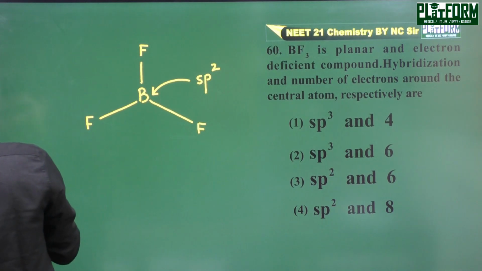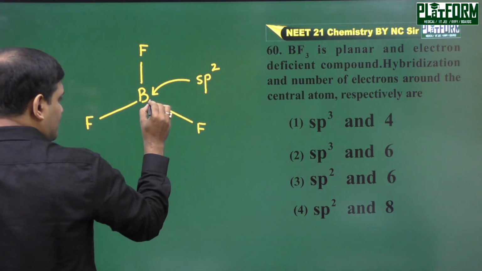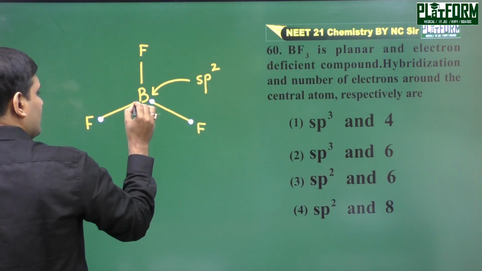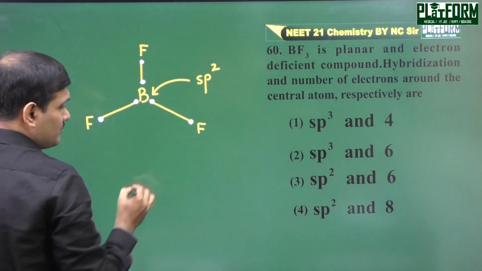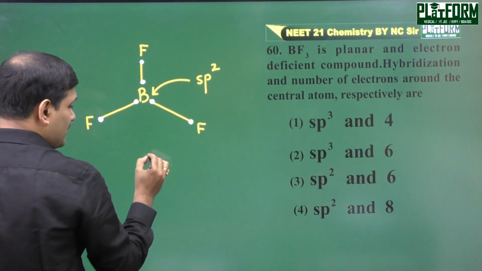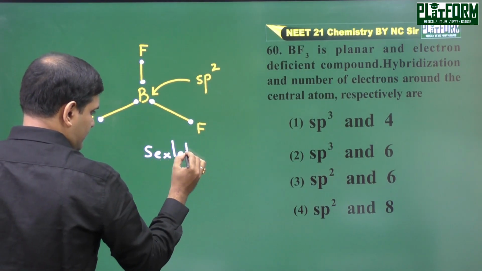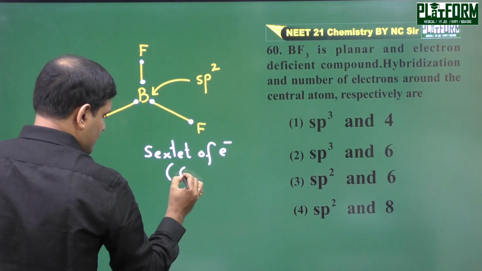And how many electrons will this BF3 have? Definitely there are a total of 6 electrons. We say BF3 is electron deficient, it will have a sextet of electrons, that means 6 electrons.